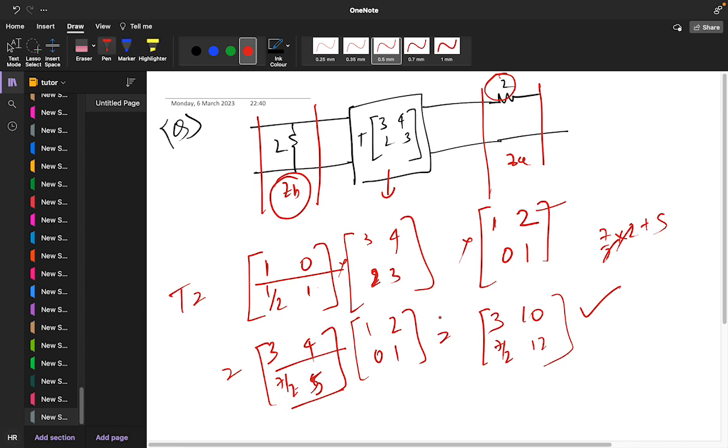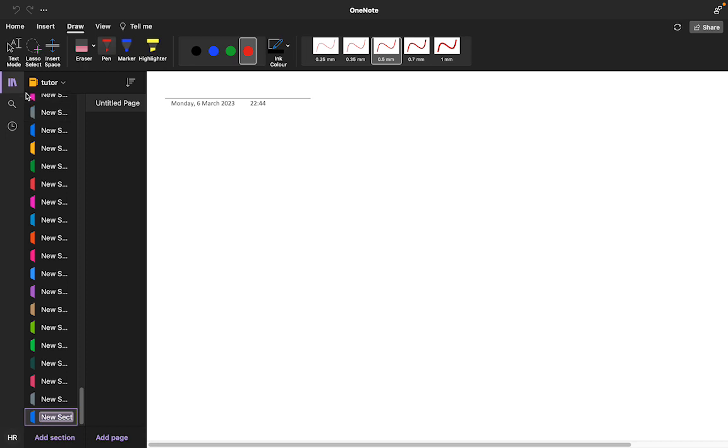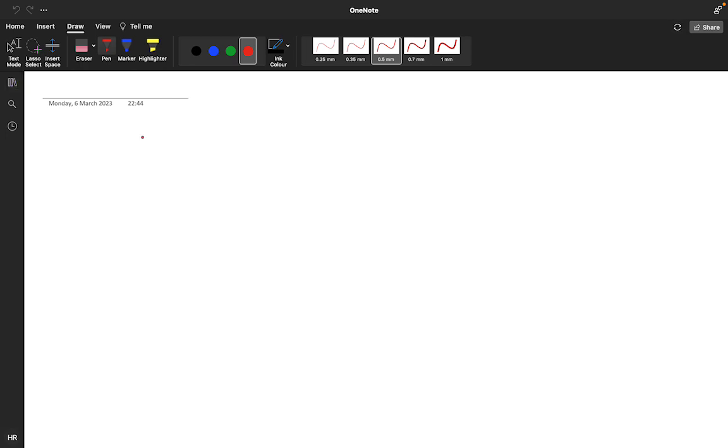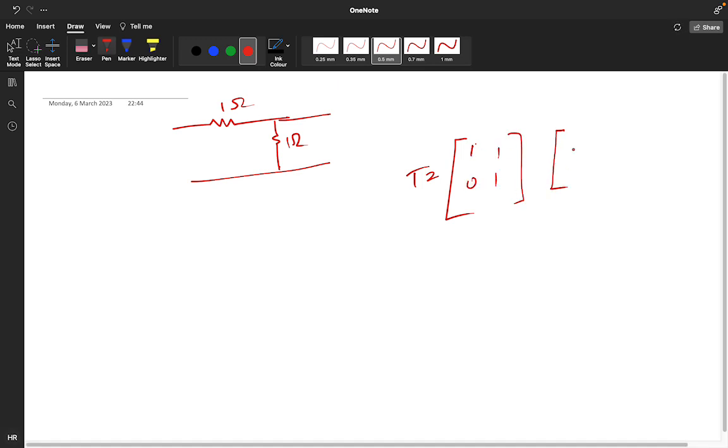Okay, so write one question again, because you have to practice this again and again. If you have a question like this, suppose this is 1 ohm, this is 1 ohm, what will be the net equivalent T parameter? 1 0 1 1, 1 0 1 1, 1 1.